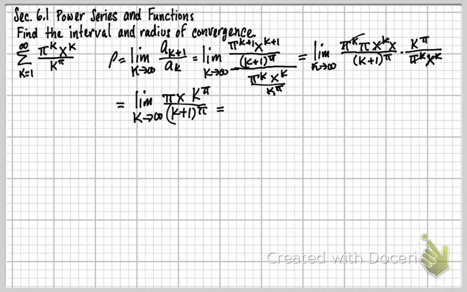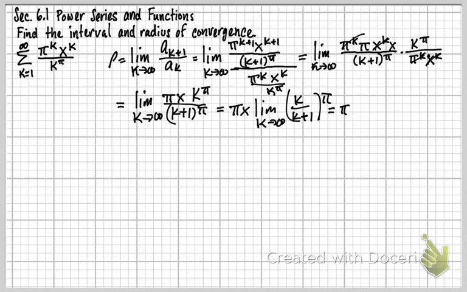I don't need it right now, and those are just constants. So I'm really going to have k to the pi over k plus 1 to the pi. And honestly, since these are the same powers, I can just write it this way.